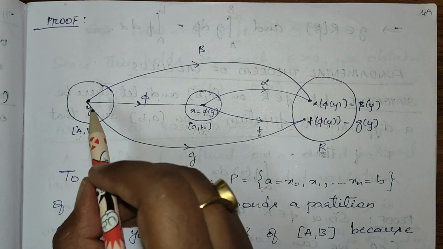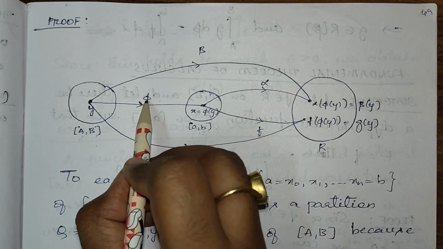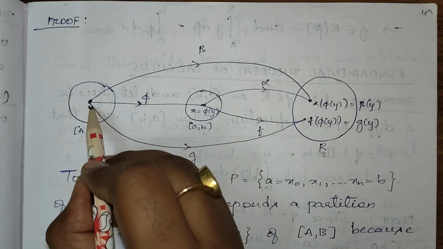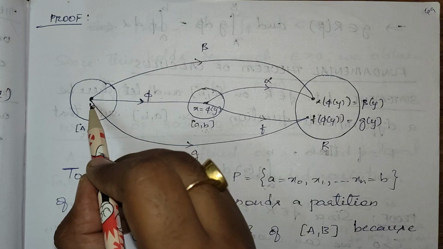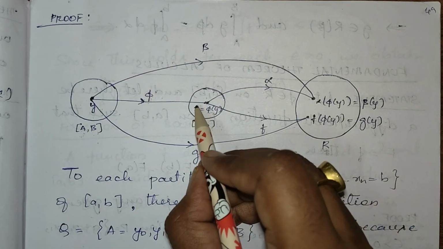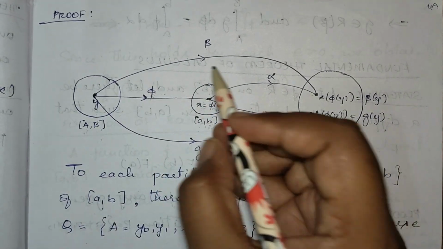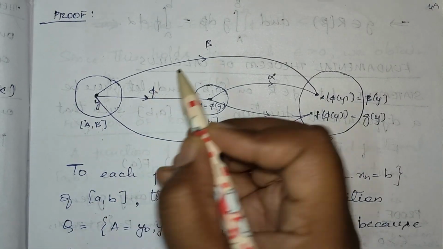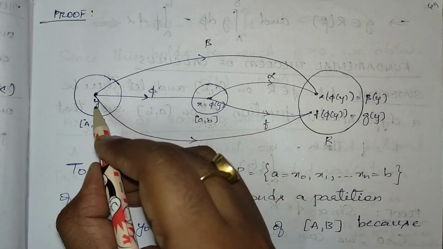See here, consider an element y in the domain of phi. Since phi is a function, each and every element in its domain should have an image in the codomain. So suppose y is mapped to x, and x can also be written as phi of y, which means x is the image of y under the function phi. So I can also take this x as a function of y, phi of y.